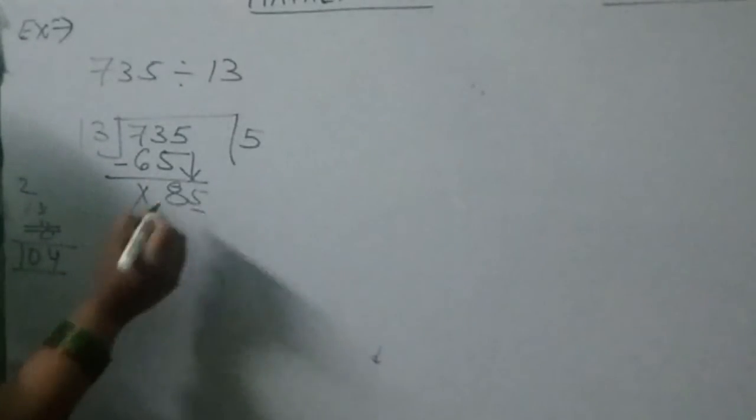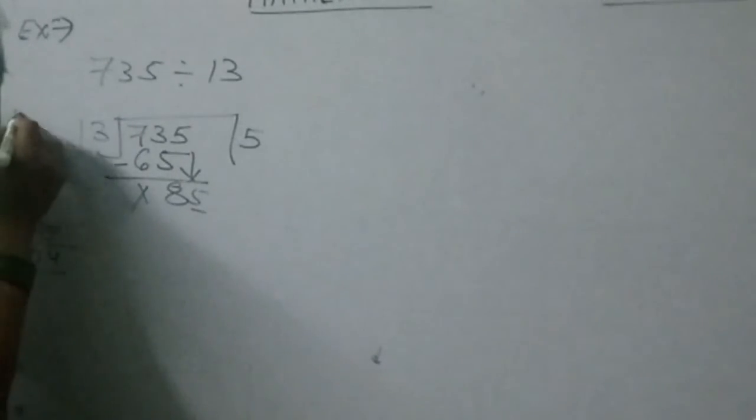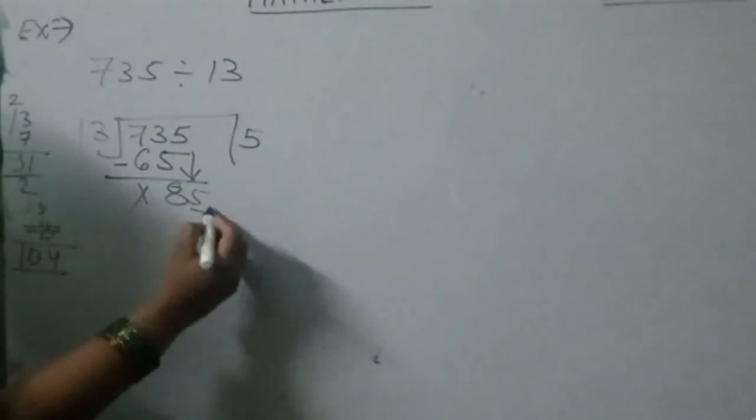That is greater than 85. So we will take one number less. 13 7s: 7 3s are 21, 1 and 2 carry, 7 1s are 7 and 2 is 9. It will be 91, which is also greater than 85.